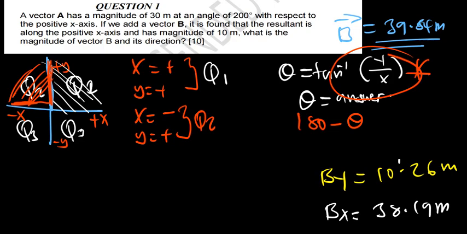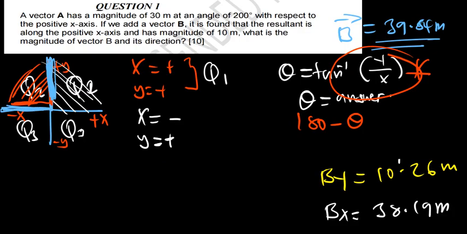The second quadrant. Okay. So I'm saying that if you find that the x component of that vector is negative and the y component is positive, I can clearly see that in the second quadrant, this line here is for positive y, and I have got positive y here. This line here is for negative x, and I have got negative x there, meaning that the angle is in the second quadrant.